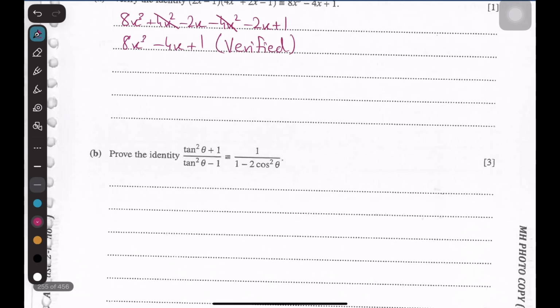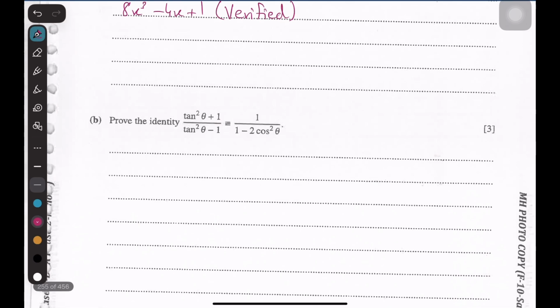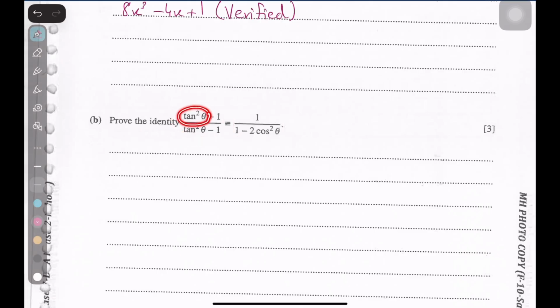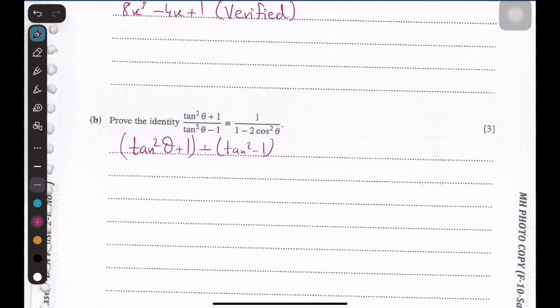Now they've said prove the identity tan square theta plus 1 upon tan square theta minus 1 equals to this. So whenever you see proving identity questions in which there is, let's say, tan on one side and then there's sine or cos or one of those on the other side, remember that you always have to convert tan to sine and cos. So firstly let's write this as tan square theta plus 1 divided by tan square theta minus 1.